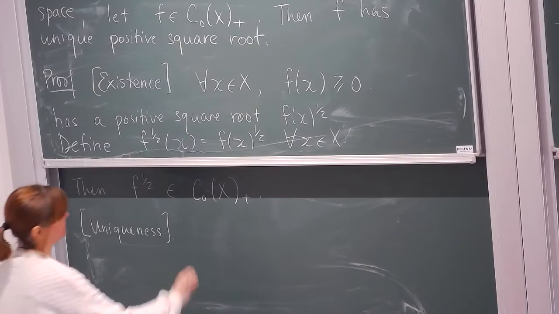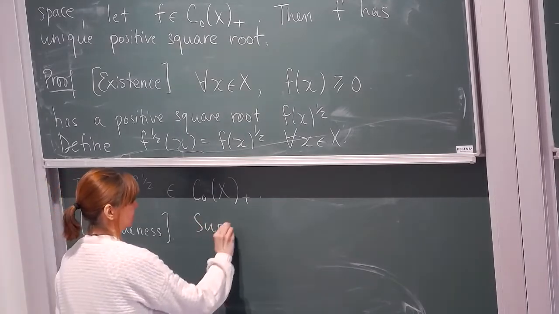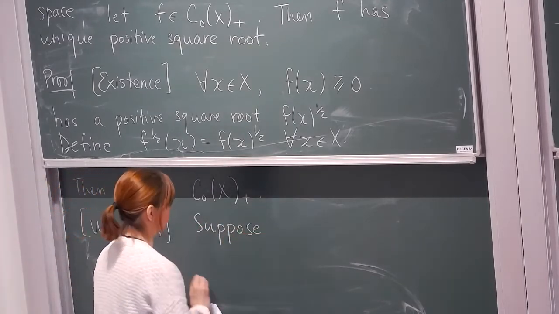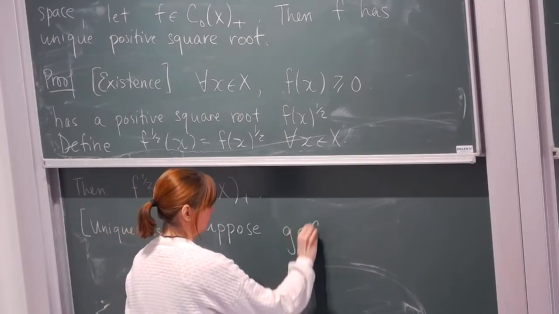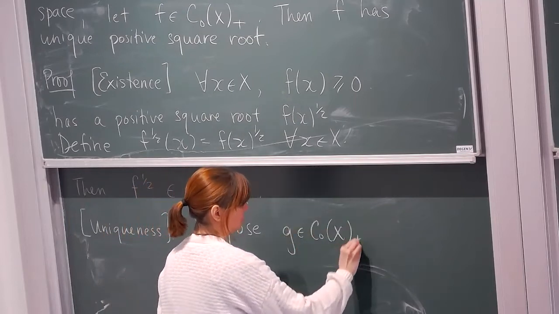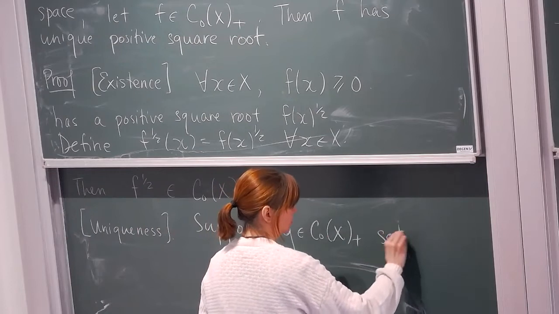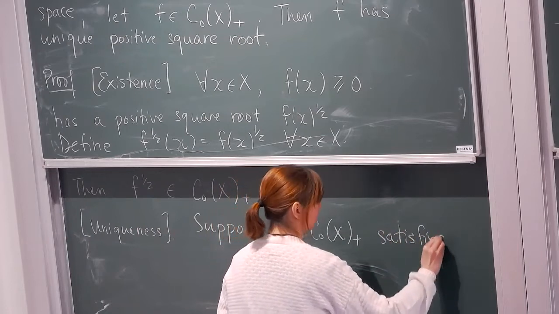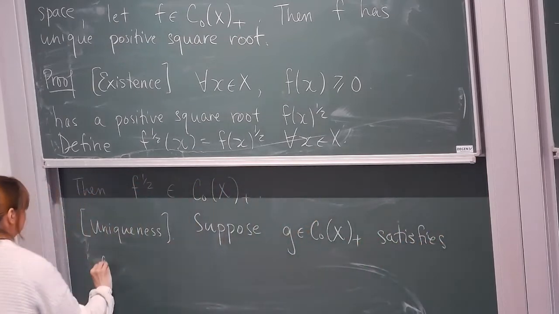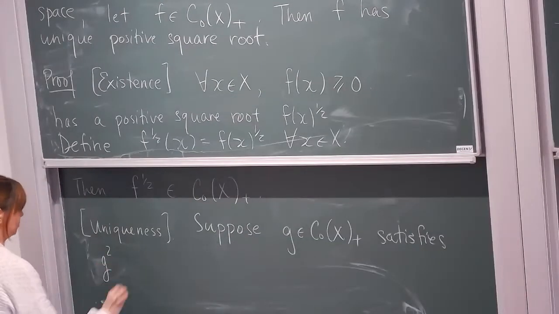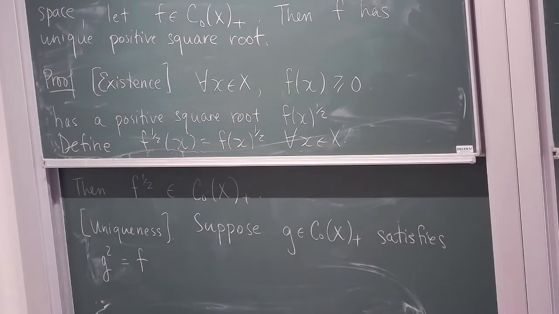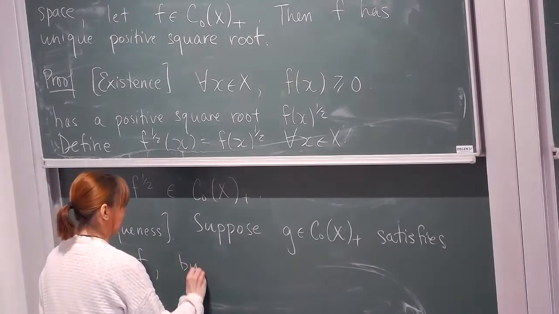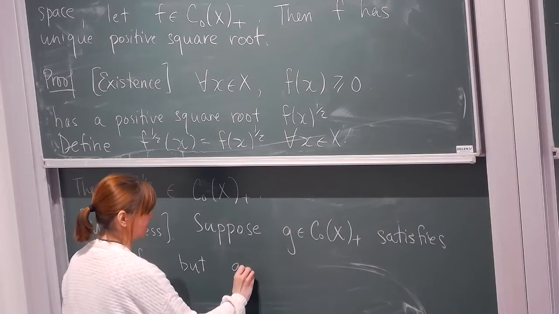So suppose we have some other positive square root g. So g squared is equal to f, but g is not equal to f half.